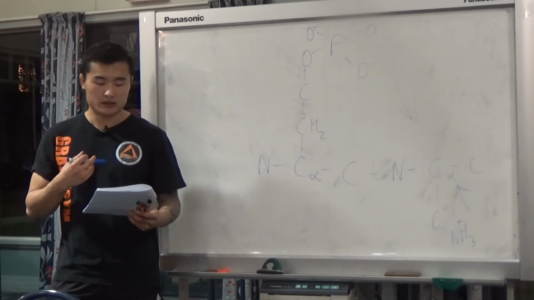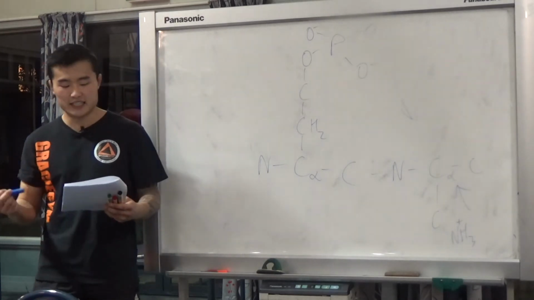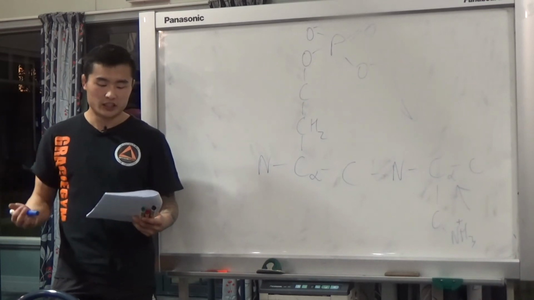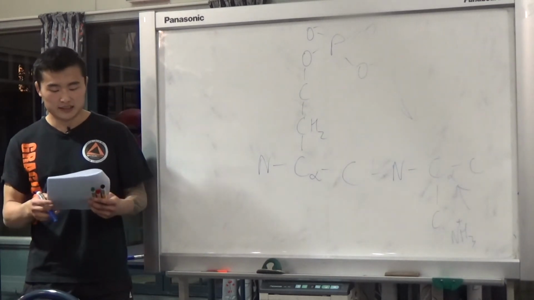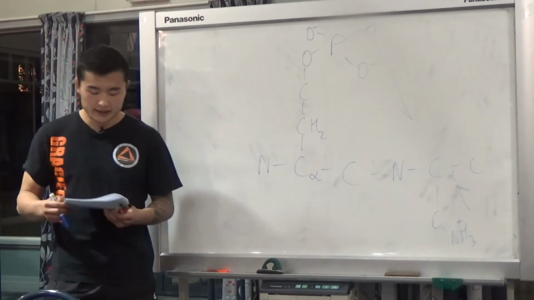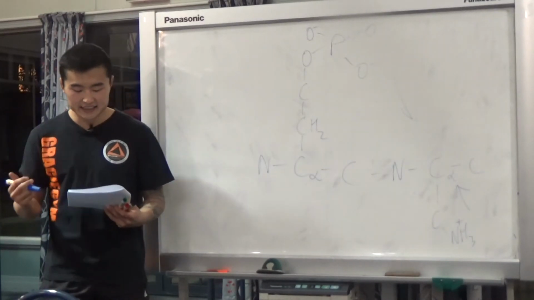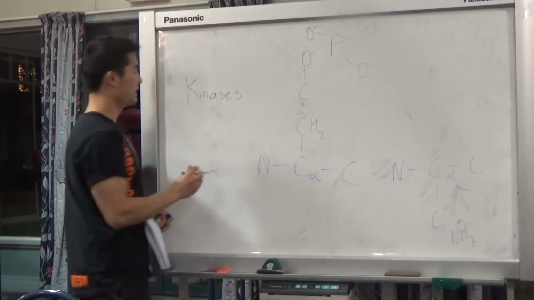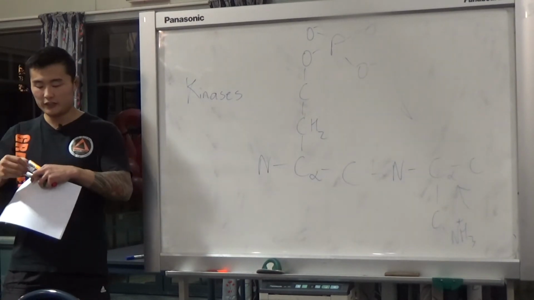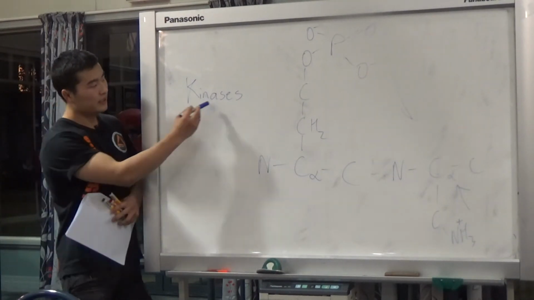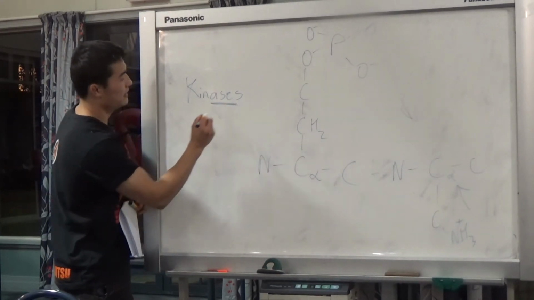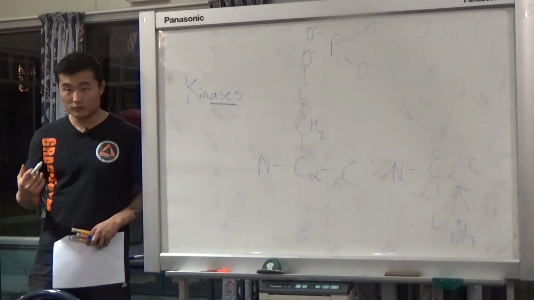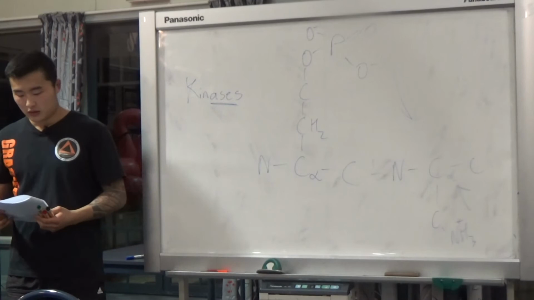The proper word for turning it on is activation, and for turning it off, it's called inhibiting a protein. Okay, so that second bullet point there: enzymes that add phosphate groups are called kinases. Kinase means that you're adding a phosphate. Any word that ends in -ase means it's an enzyme.